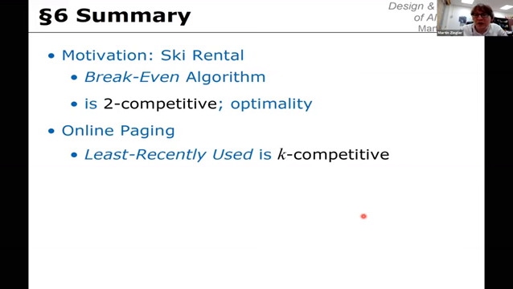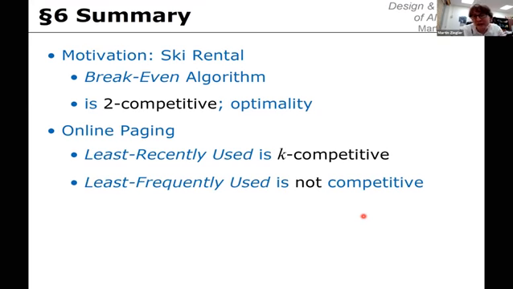So in the worst case it incurs k times more page faults than an omniscient, psychic, optimal offline algorithm that is able to look into the future, to see which page the user will access in the next k steps.